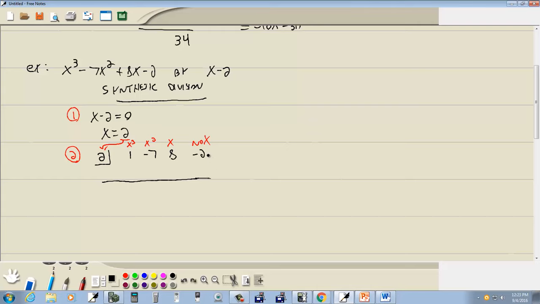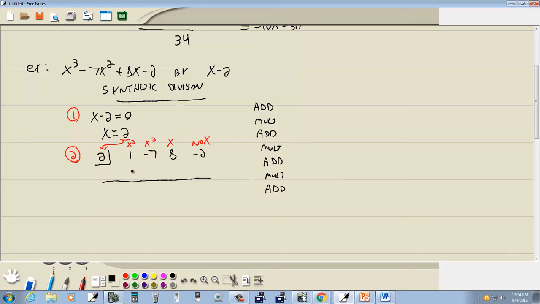Now we're going to go through a series of adding, multiplying over and over until we're done. So I'm going to add, multiply, add, multiply, add, multiply, and add. We start with our first column here.